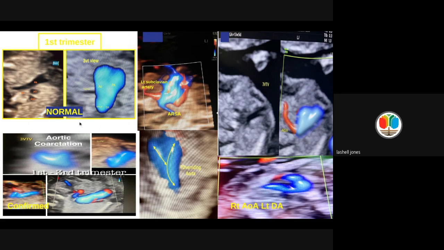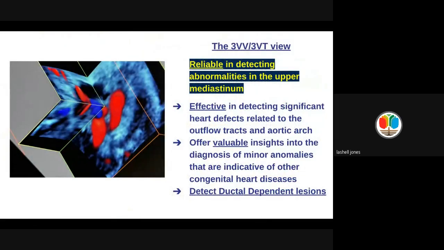Okay, so I did list the normal up at the top, a three vessel trachea view, and these are a few abnormals that I had found in the first trimester in the three vessel trachea view. So it's very helpful in those diagnoses. From all of our slides, we know and have seen personally how the three vessel view and three vessel trachea view is a reliable view. It's reliable in detecting congenital heart defects in the upper mediastinum, our conotruncal anomalies, our aortic arch anomalies.